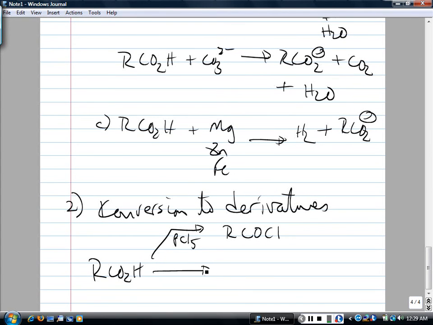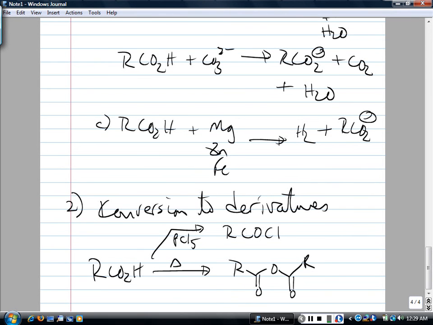If I were to heat them at really high temperatures, they would dehydrate intermolecularly and give rise to the corresponding anhydride.